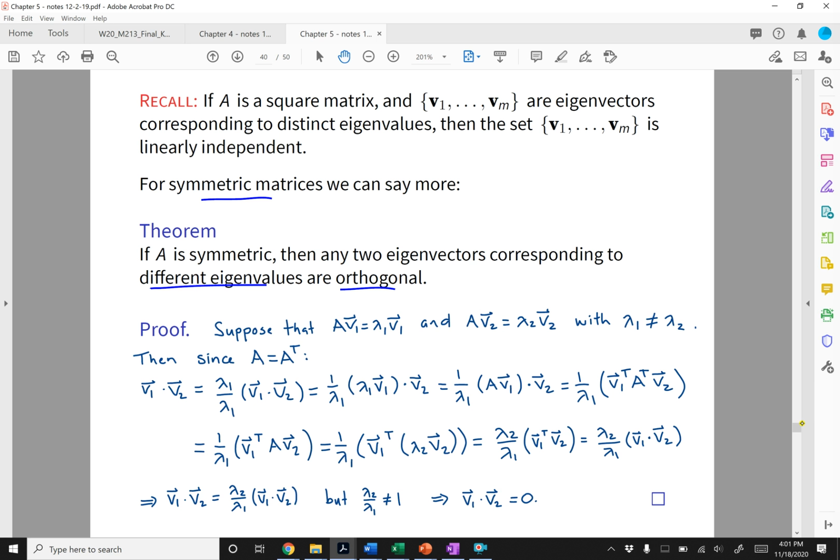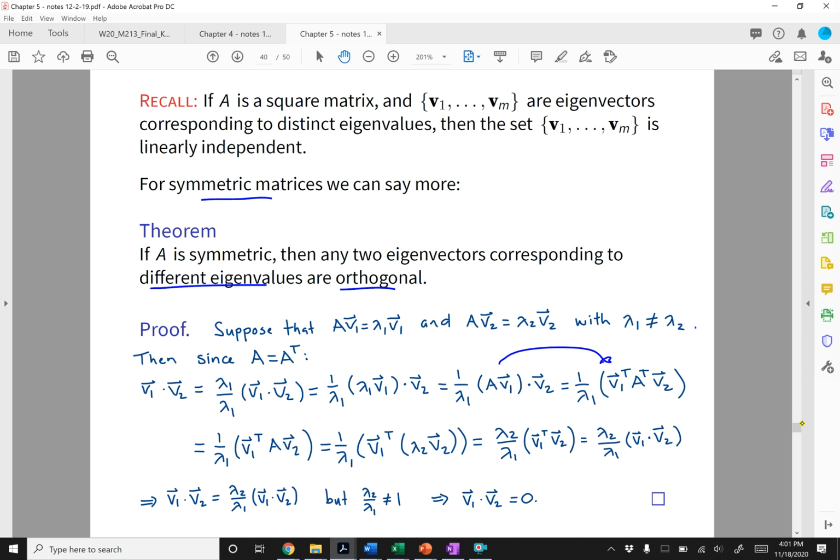And here is the proof. They use the fact that A equals A transpose, and they start with v1 dot v2, and they need to show that that's 0, and they do some fancy math. Not really fancy, but they just use the rules and properties that we have.